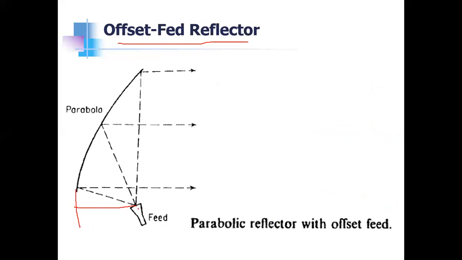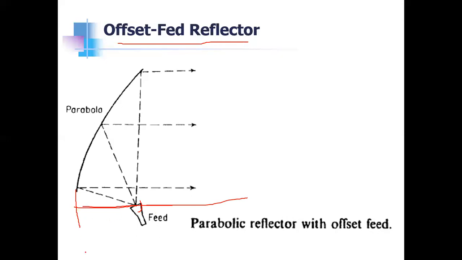But the feed in this arrangement is a horn antenna, and this horn antenna is tipped upwards, so it is squinted, it is offset, right? It is not along the axis. It is offset with respect to the parabola axis. So this is the axis of the parabola, and with respect to the axis of the parabola, this is offset.